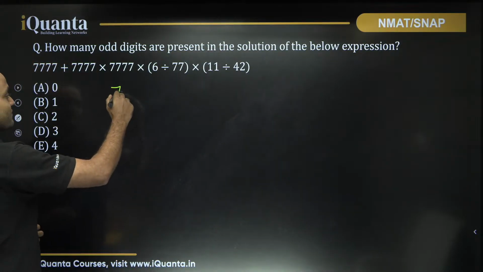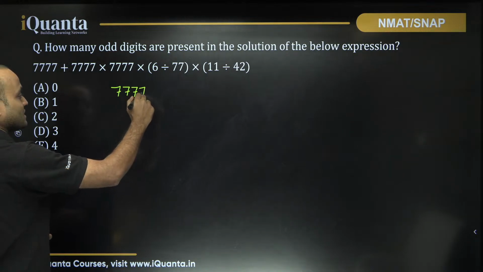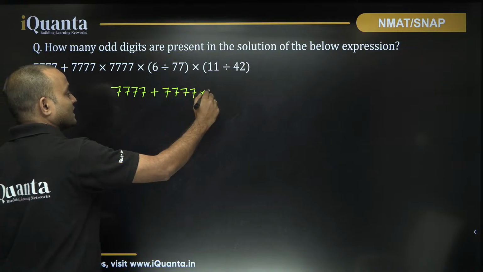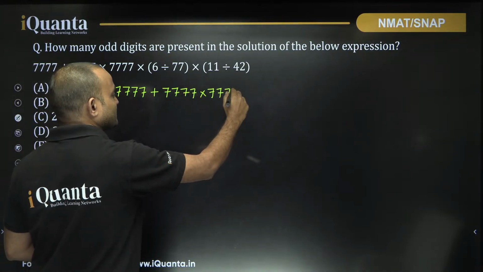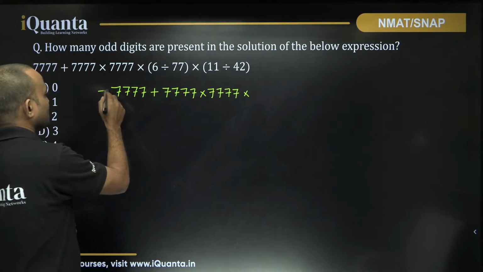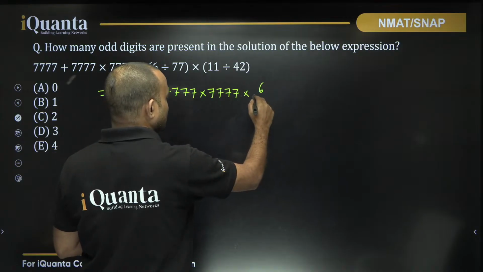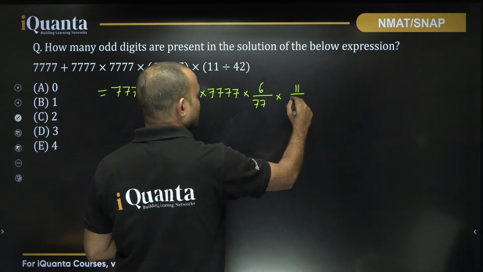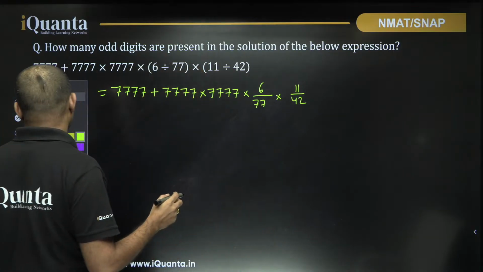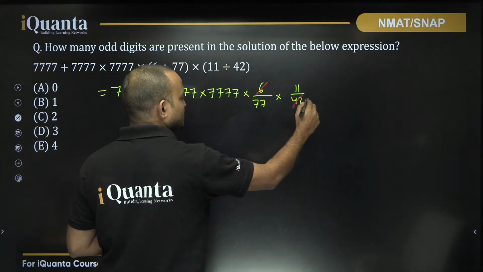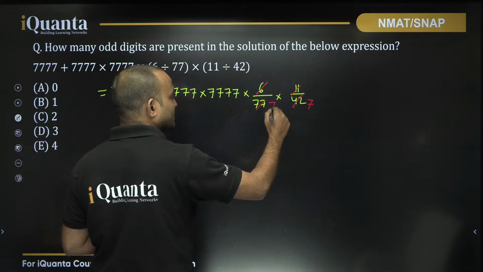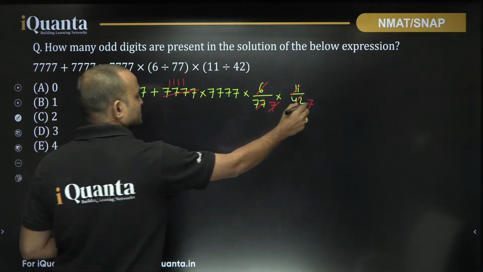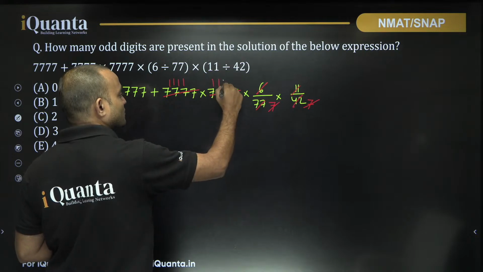This is 7777 plus 7777 into 7777 into, now this will be equal to 6 upon 77. This will be equal to 11 upon 42. Now if we discard this, 6 into 7, 11 into 7, and this 7 will divide this by 1111.